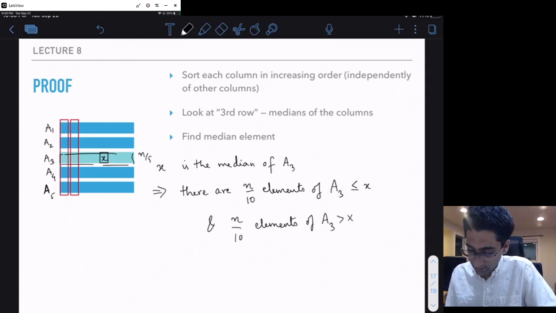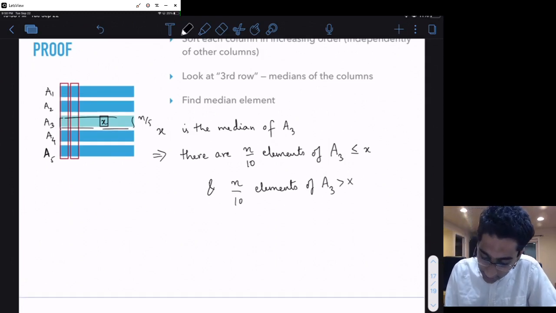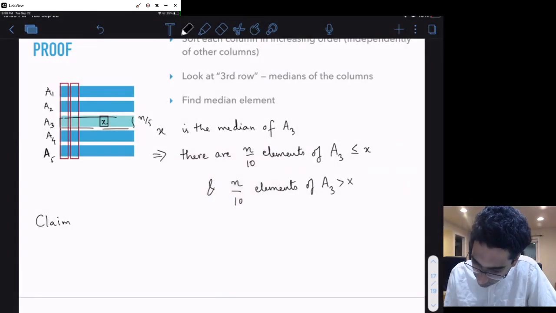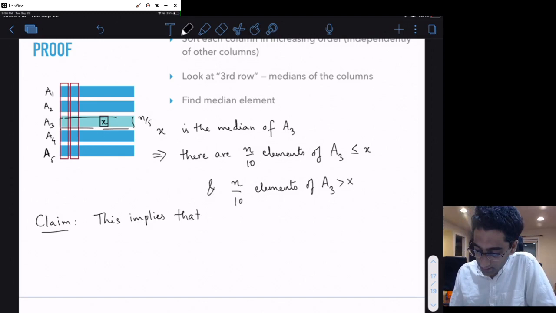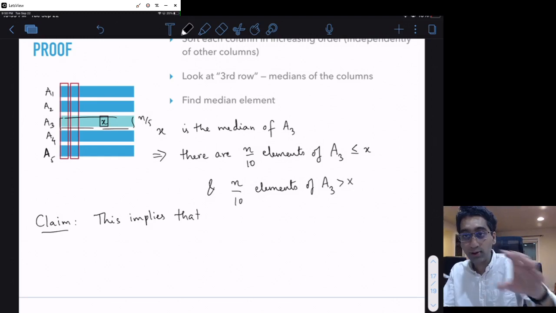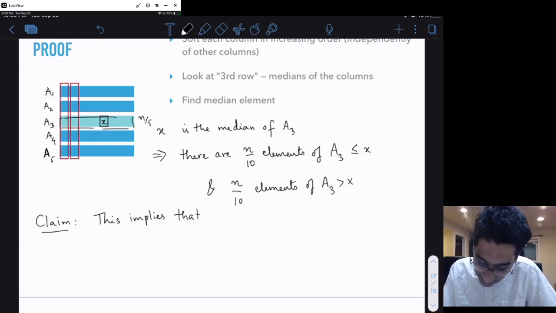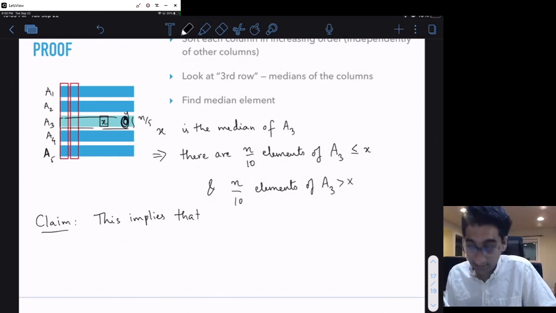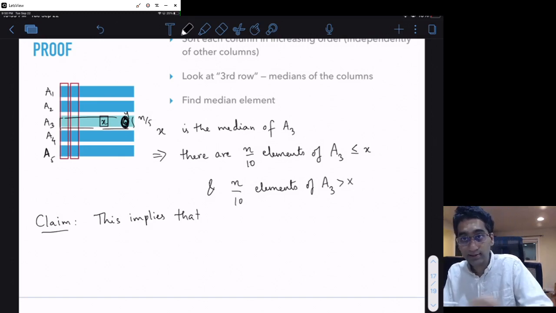And so what does that mean? I want to claim that this implies that there are many more than n/10 elements that are less than or equal to x in all of A. And how do I do that? This is x. Let's take some y in A3 that is less than x.